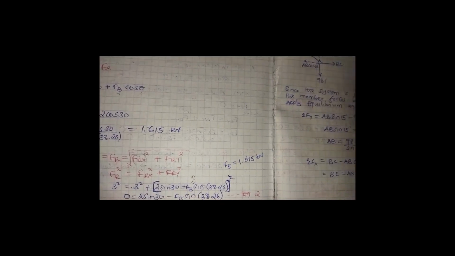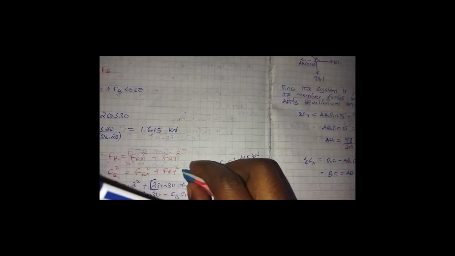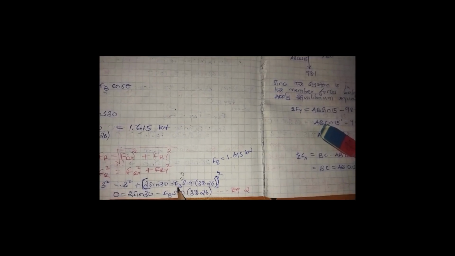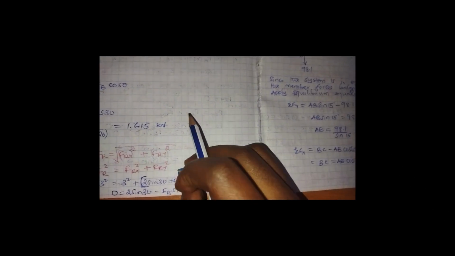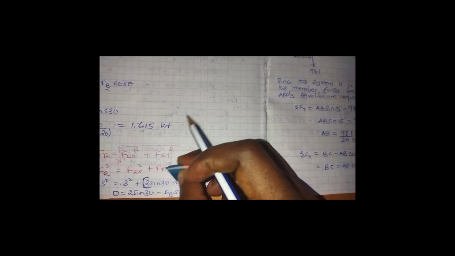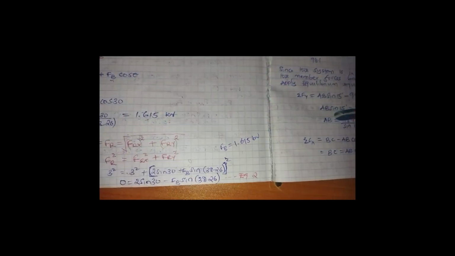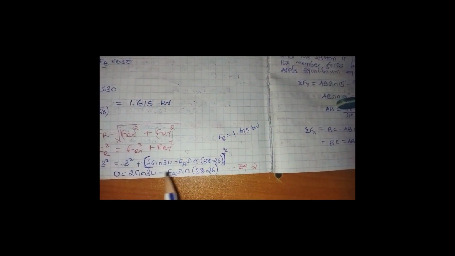No, we cannot substitute 0. We are solving for FB, because we cannot say it's 0 because we don't have the value here. We're solving for that FB. Okay, so I substituted all of it. So when I substitute for all of it using FRY, I squared it because I have FB inside. I can solve for it.